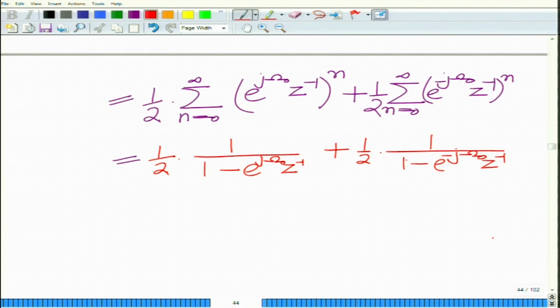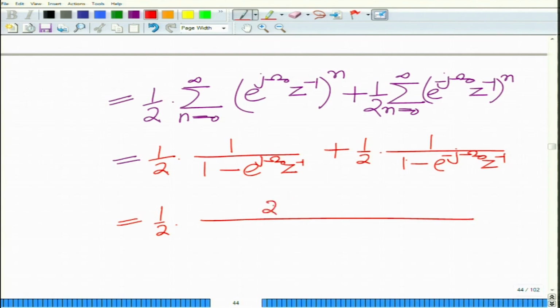And if you sum this, this is equal to half. In the numerator, you have 1 minus e raised to j omega naught z inverse plus 1 minus e raised to minus j omega naught z inverse.